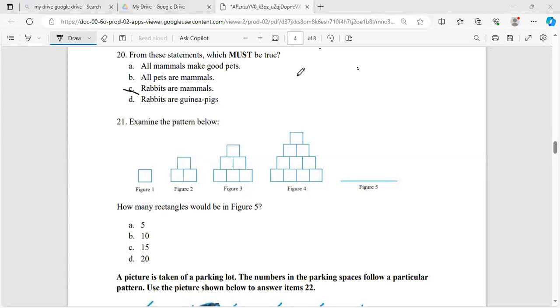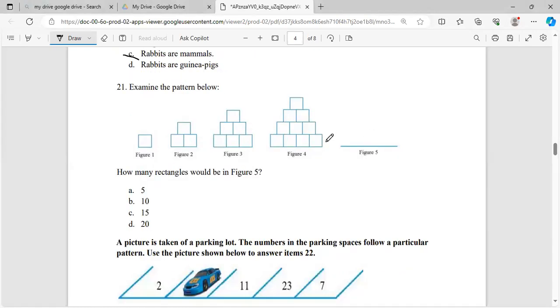Did you draw it, guys? So you can see the pattern, right?